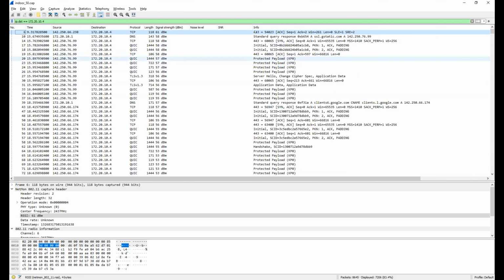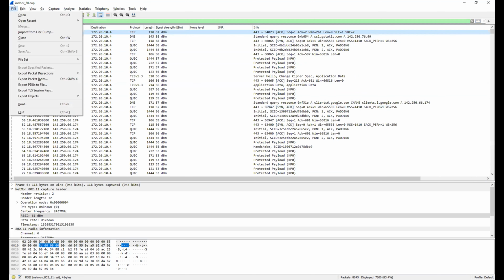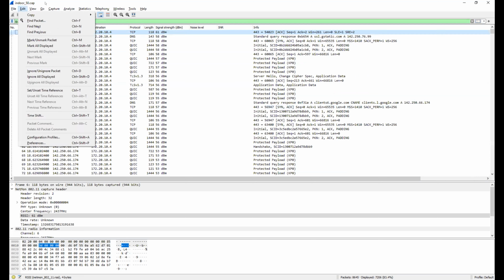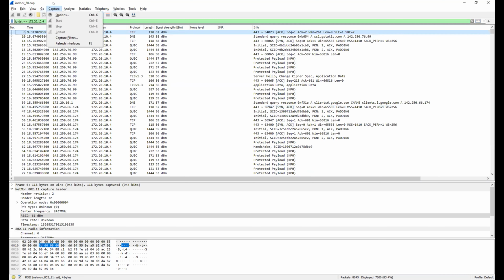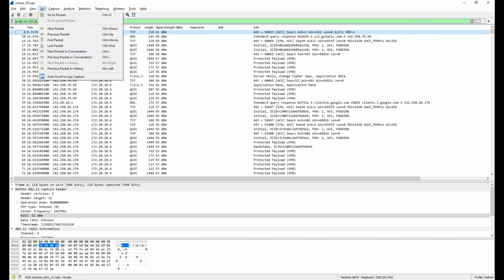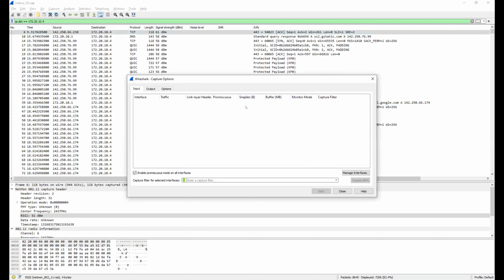The configuration, in the left corner, the fourth one. No, it's not here. Which one? The configuration. No. You can open that one. Capture options. Yeah, this one.